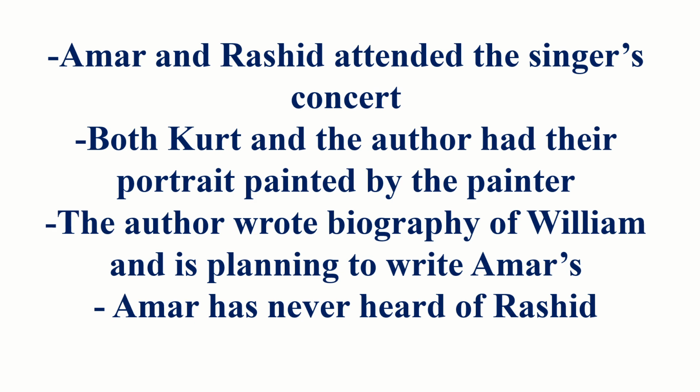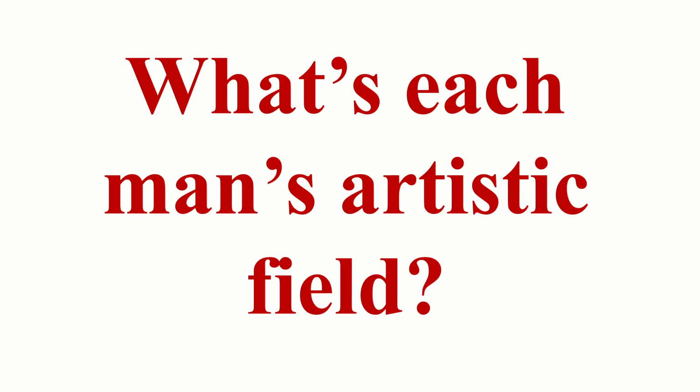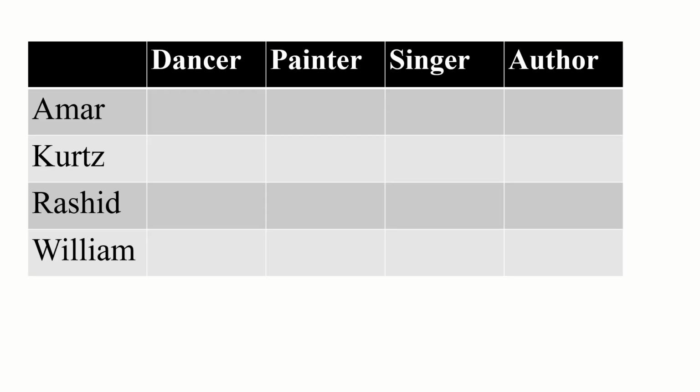Number 2, both Kurt and the author had their portrait painted by the painter. Number 3, the author wrote a biography of William and is planning to write Amar's. And number 4, Amar has never heard of Rashid. Now, again, the question is, what is each man's artistic field?